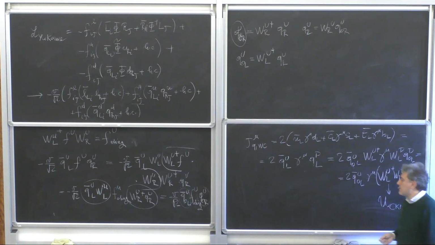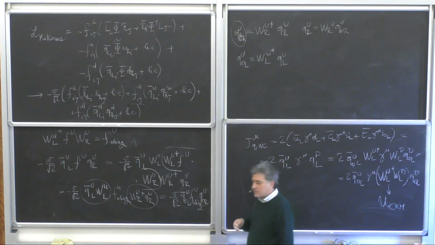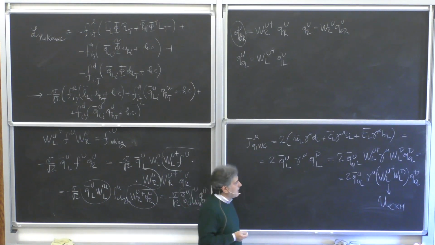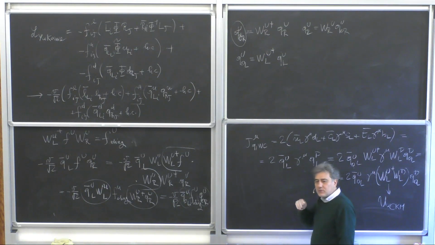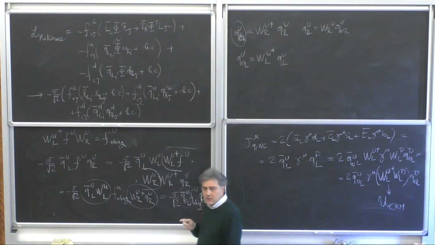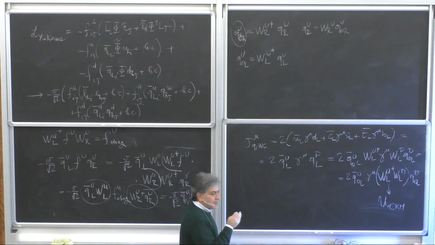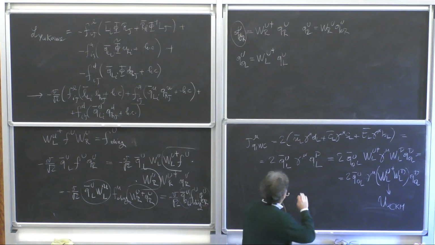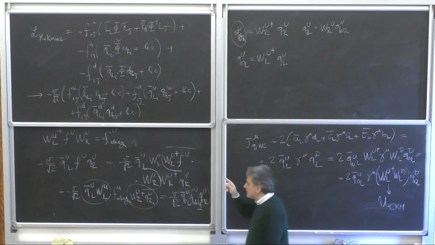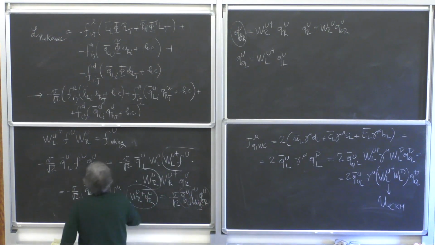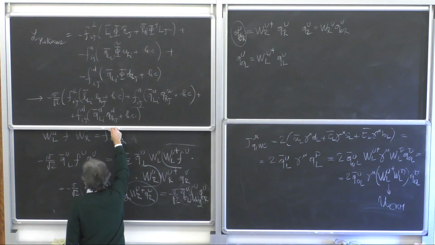Okay, this is the result. If we try to do the same thing for the leptons, there is an asymmetry because you see here we have up component and down component, and we know that neutrinos are different.